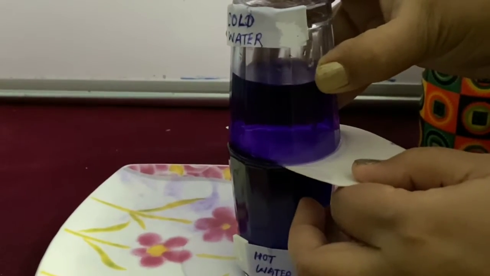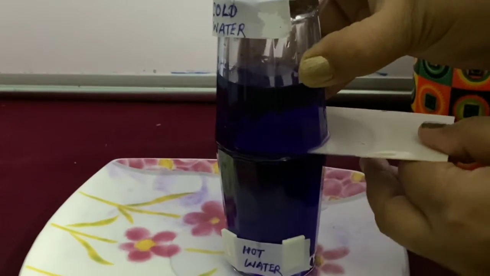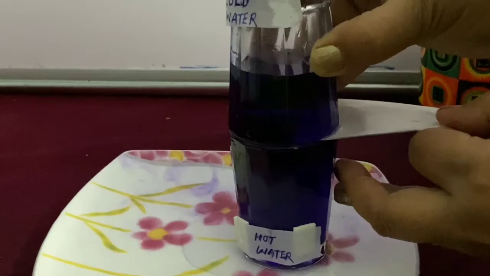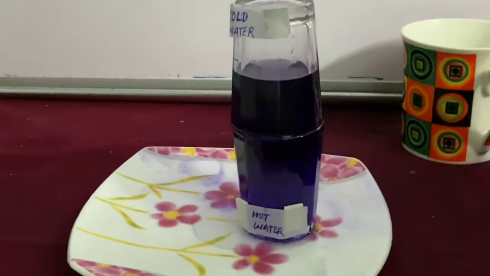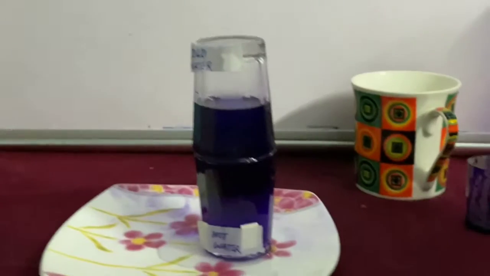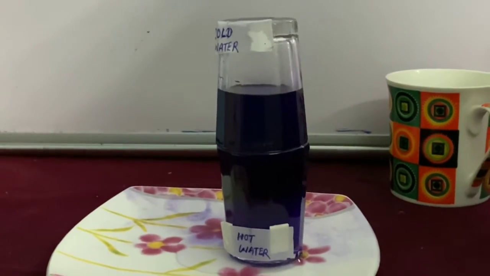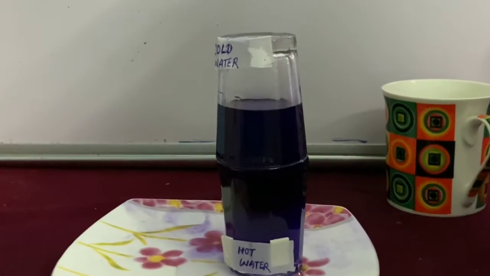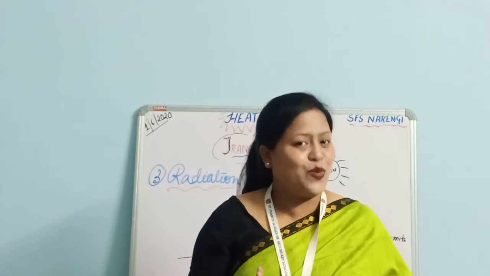When we remove the card fully, we will find the color of the water has totally changed. So this is the convection mode of heat transfer in liquid. This was the activity related to convection. So let's look at the definition.